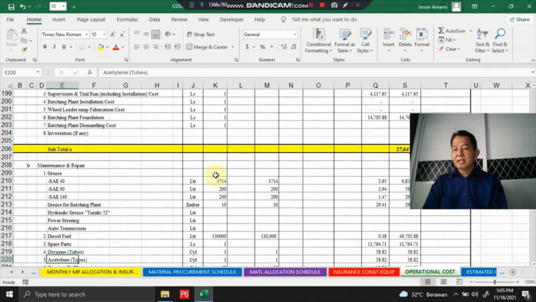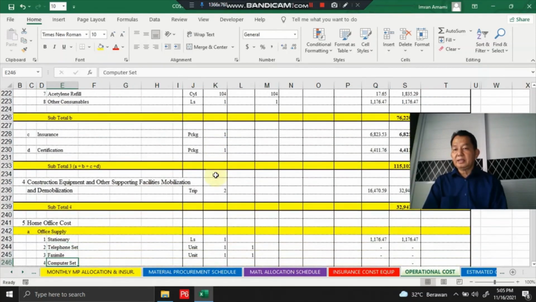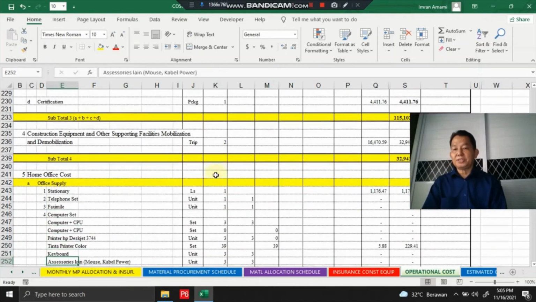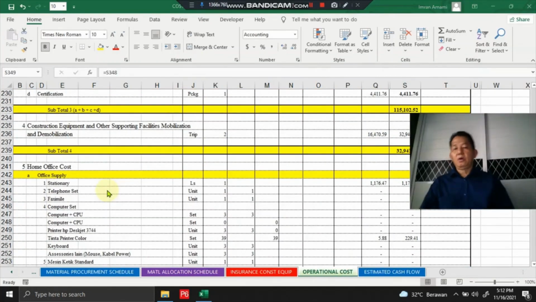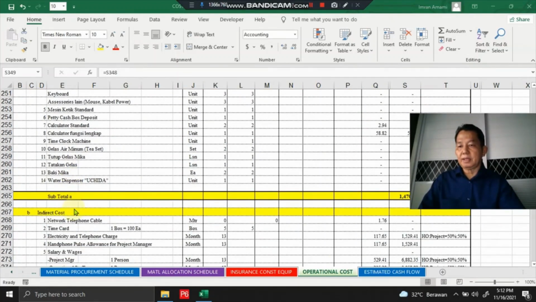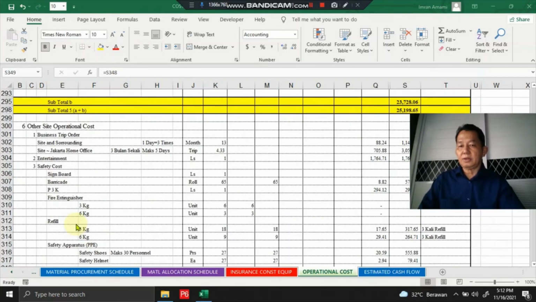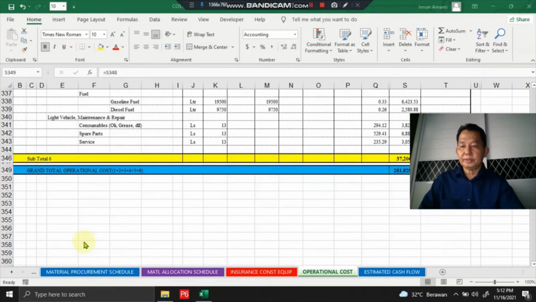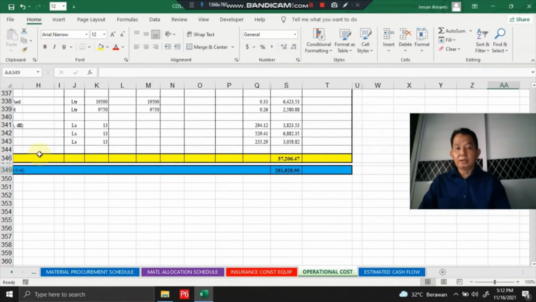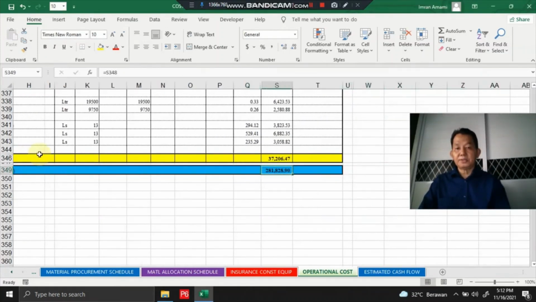Okay, and then construction equipment and other supporting facilities mobilization and demobilization, and home office costs. Home office costs for office supply and indirect costs, and then other site operational costs. Okay, and here it is, the total for the operational costs.